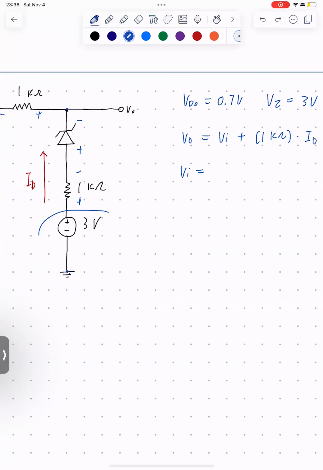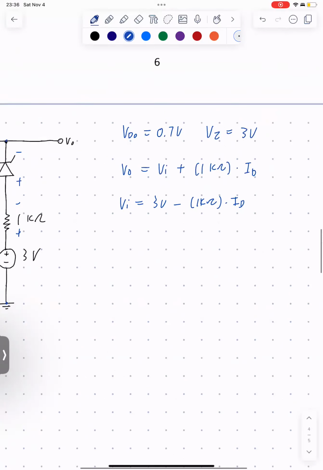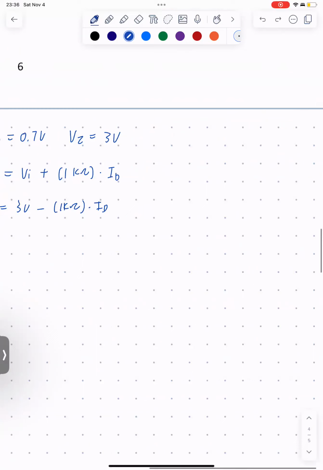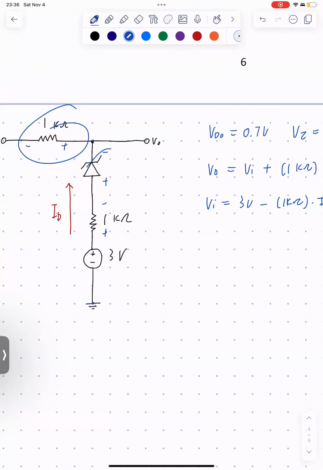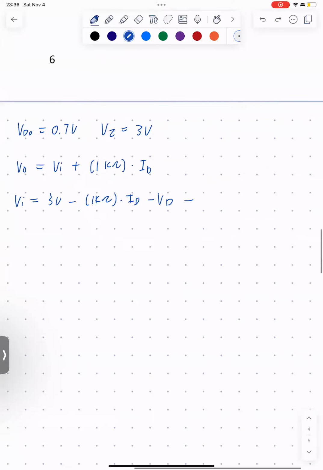In this case, VI equals this voltage source, subtracted by the voltage of this resistor, subtracted by the voltage of the diode, subtracted by another resistor voltage.